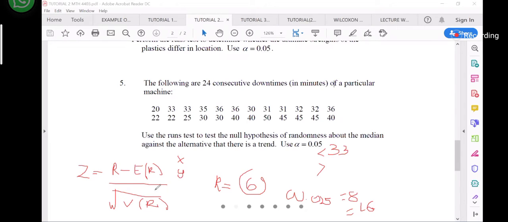Please take note of that. Use the standard normal table. Any question before I move on?